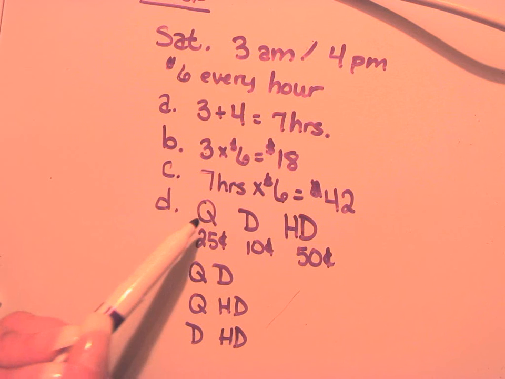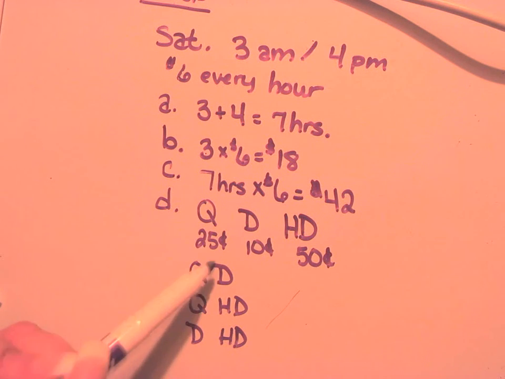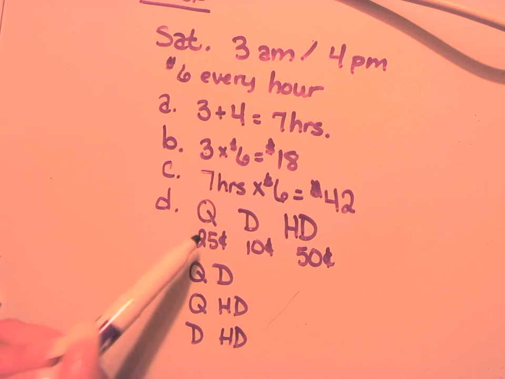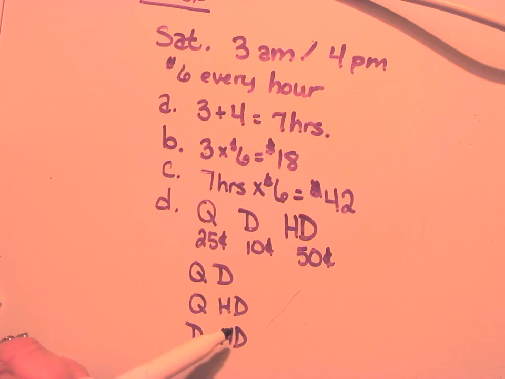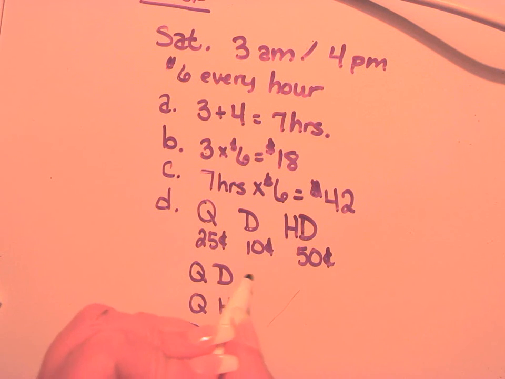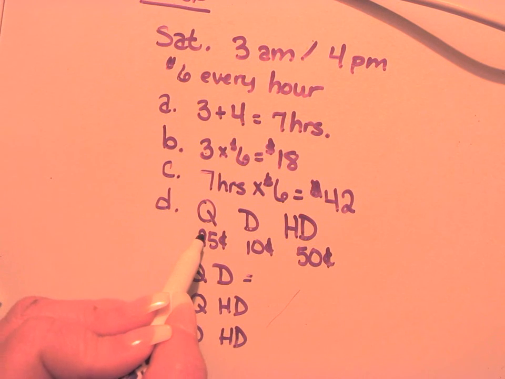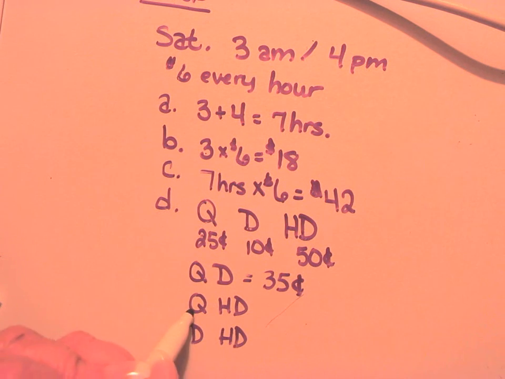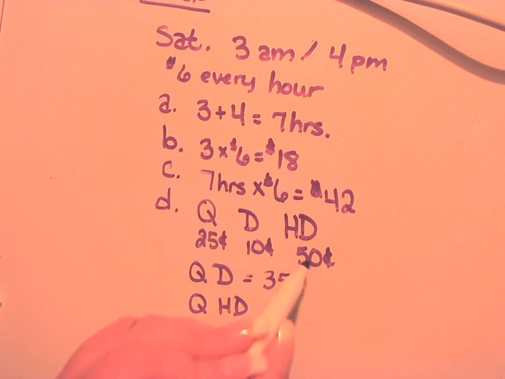So I double check to see, do I have all my options? Quarter, dime, quarter, 50-cent piece. The quarter's been used with both choices. The only thing I have left is the dime and the 50-cent piece. So now I'm going to add up their amounts. Quarter is 25 plus that dime, that gives me 35 cents. The quarter is 25, the 50-cent piece is 50.